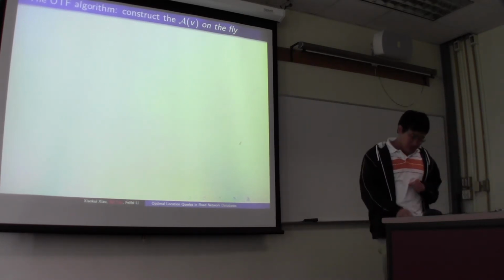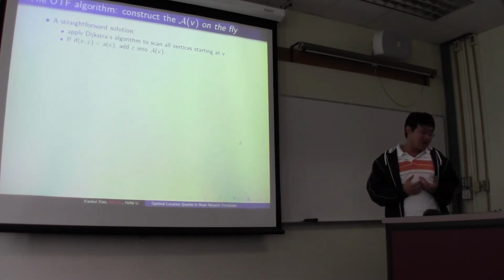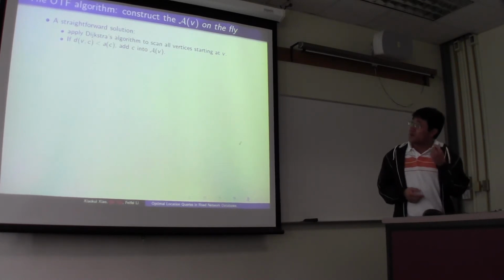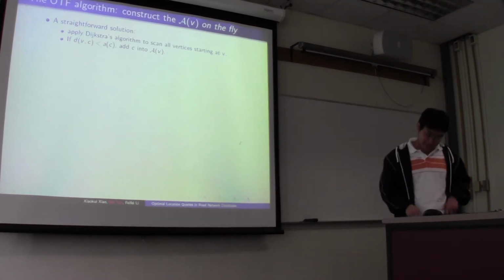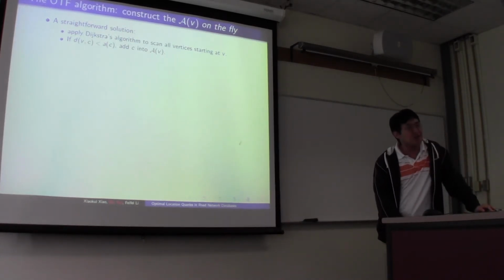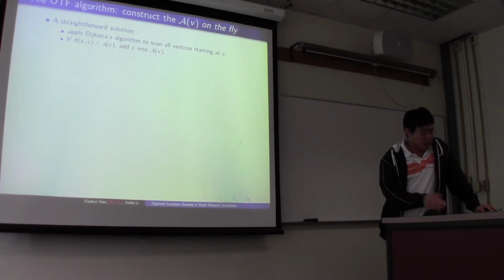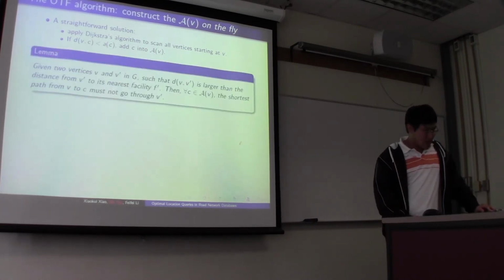A straightforward way is to apply the Dijkstra algorithm to scan all the vertices starting at V. Whenever we encounter a client, and the distance is less than the attractor distance of the client, we add the client to the attraction set of V. But such a solution will incur significant computation cost because we can only stop when we see all the clients. So can we do better?